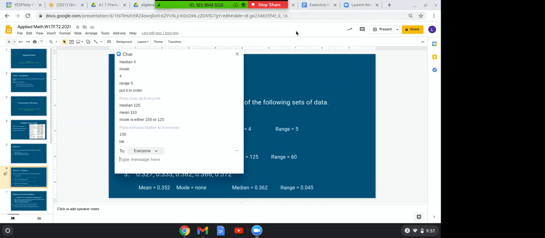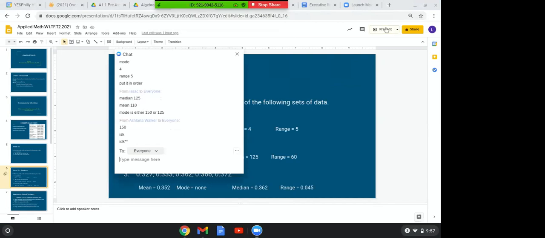I have a median of 125. I have a mean of 110. Now, I have a question on that mode.